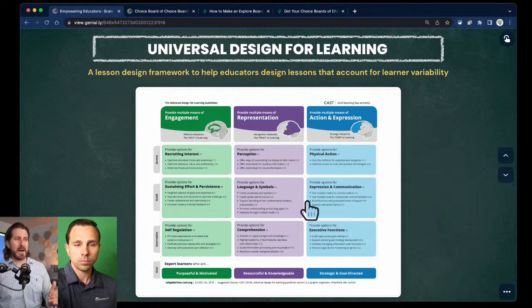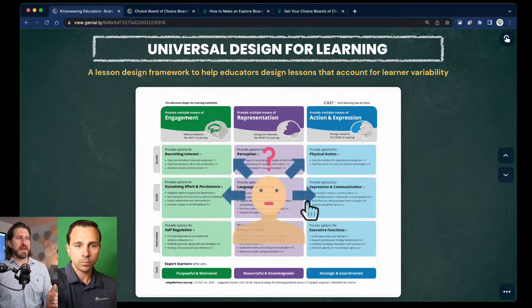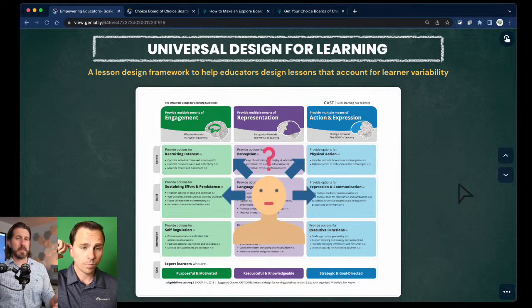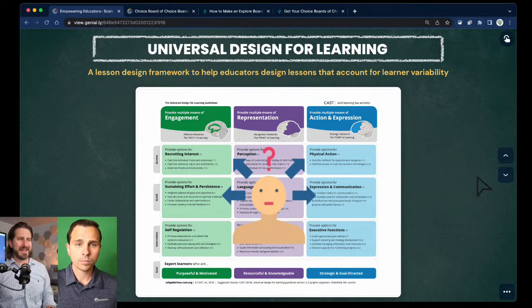Now, I will acknowledge that a central problem, in fact, I would say a barrier to UDL implementation, is that looking at the framework itself, and this is my opinion, it can be a little bit confusing. It can be a little bit overwhelming. It can feel difficult to know where to start.